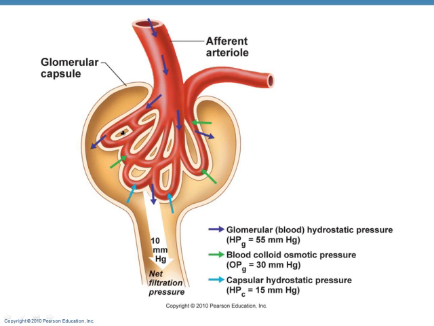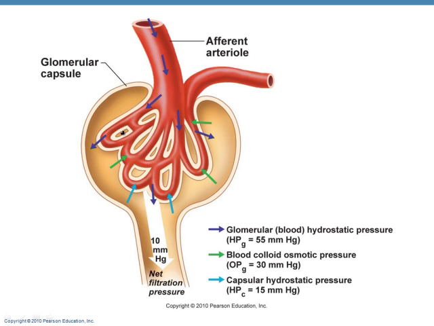So what's going to happen to fluid in the glomerular capillaries and glomerular capsule, because of all these differences in pressure? They're going to get sucked out into the glomerular capsule.